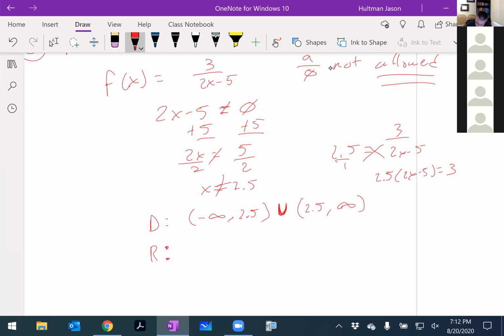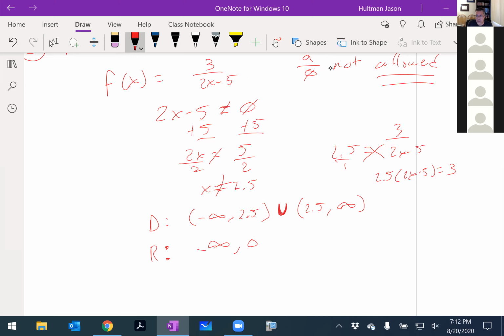So I'm going to go negative infinity to 0, because if I can't have 0 here, and this has to always be a positive or negative number, when I take 3 and divide by a positive or negative number, won't that always be a positive or negative number? It's never going to be 0.